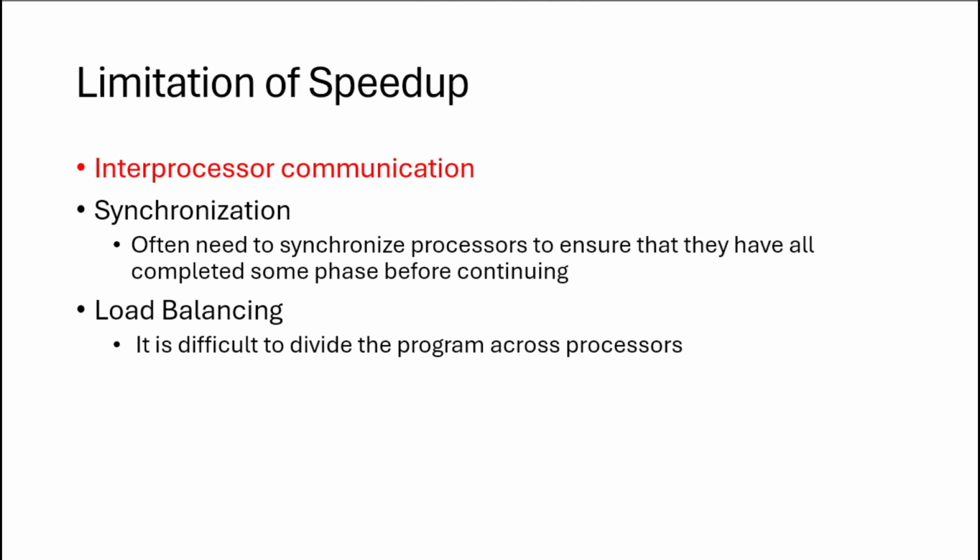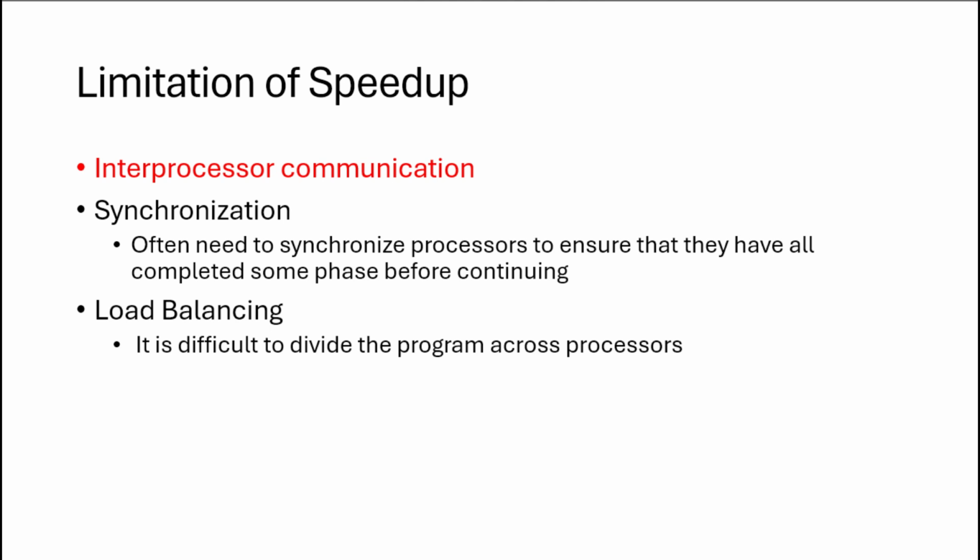The first one is inter-processor communication. It means when a processor computes a value and it is needed by another program running on another processor, you have to communicate the data between one processor and another one.